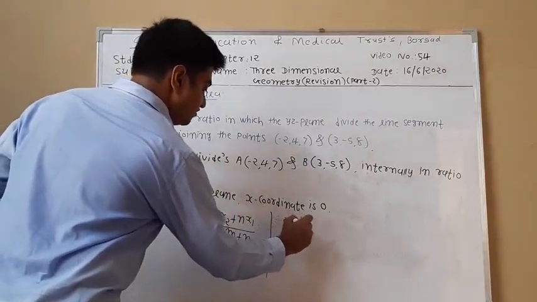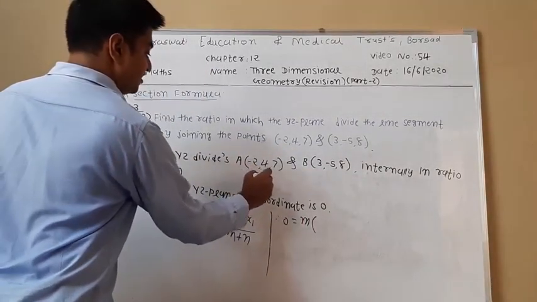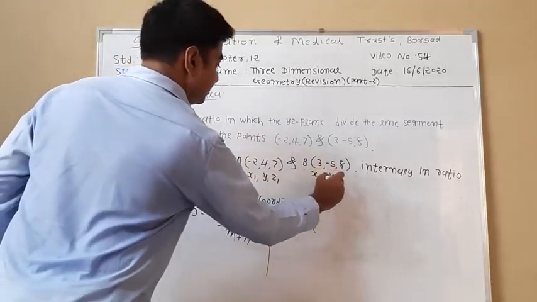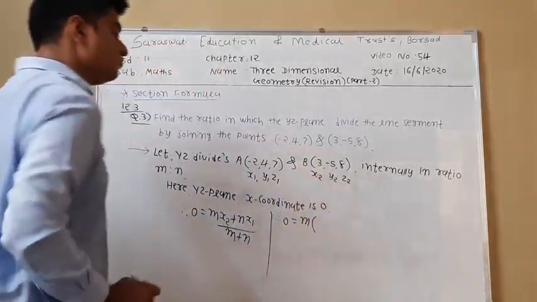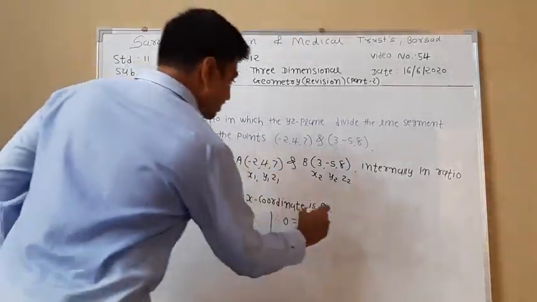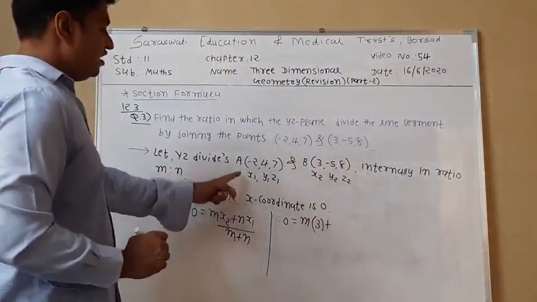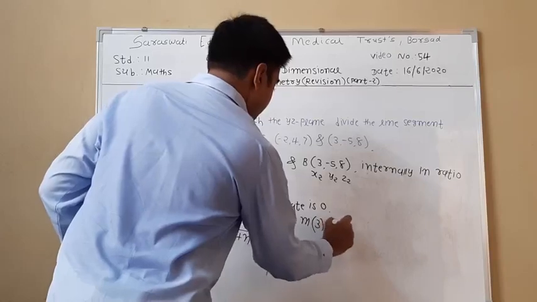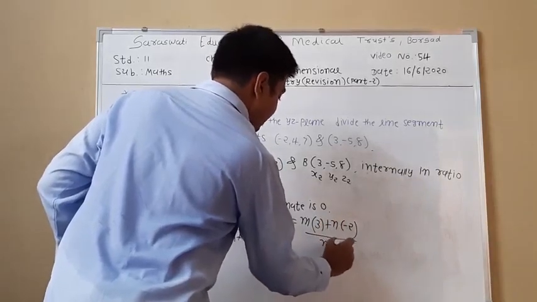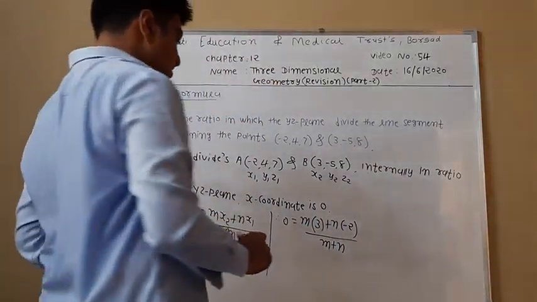So 0 is equal to m times, say these coordinates are x1, y1 and z1, and B coordinates are x2, y2 and z2. So here x2 in place of, substitute 3, plus x1 in place of -2, upon m plus n. Now this m plus n multiplies with 0, so the term holds 0.